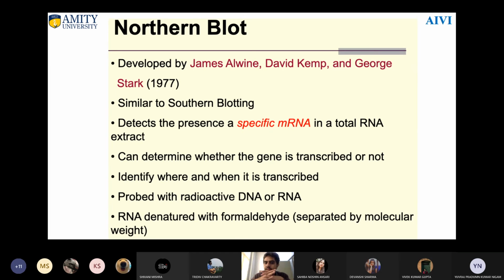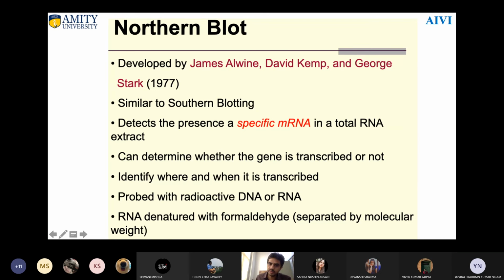Nothing different, but it was developed by James Alwine, David Kemp, and George Stark, and they named it northern just out of respect to the southern. That's the only thing. The techniques are more or less similar, the only difference being whether you use mRNA, RNA, or DNA.